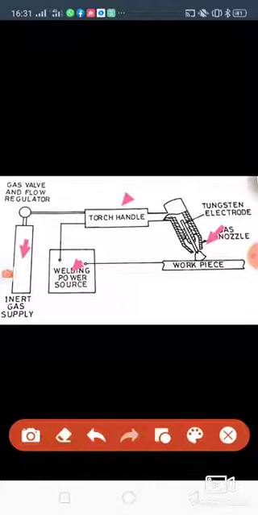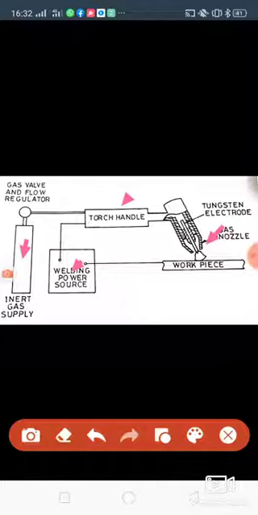That is, the appearance of the welded joint will be distorted, and the finishing of that welding is not good. So to improve the finishing of the welded joint, TIG welding is used. Now let's see how TIG welding works.